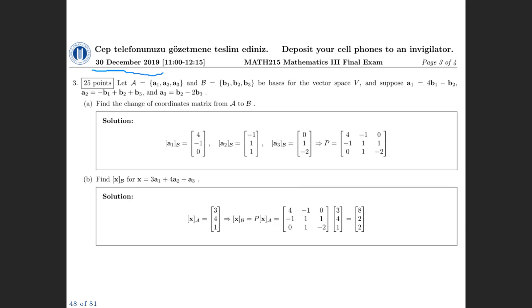We're told that A1 is 4B1 minus B2, and we're told that A2 is minus B1 plus B2 plus B3, and we're told that A3 is B2 minus 2B3. And then in part A, we're asked to find the change of coordinates matrix from A to B.